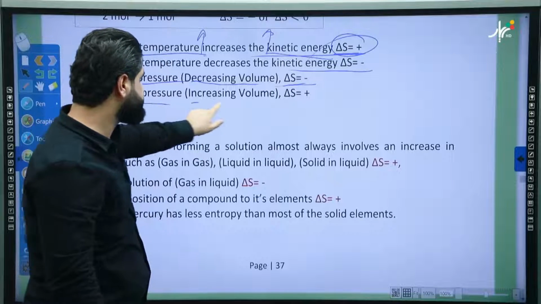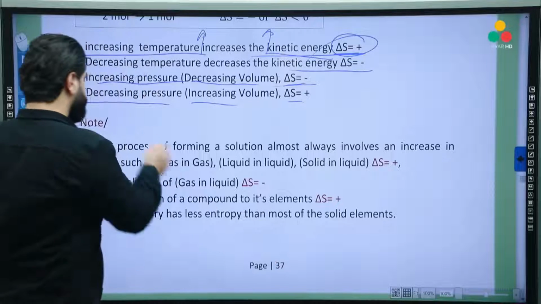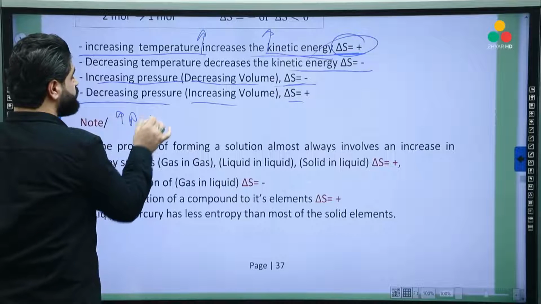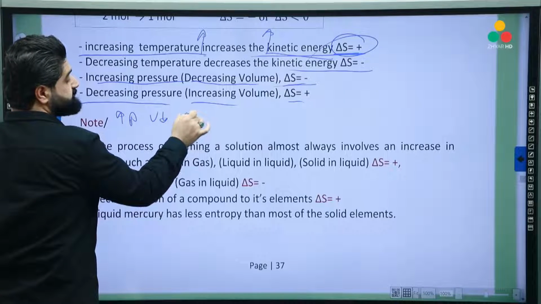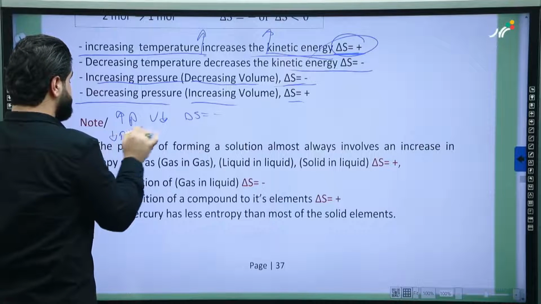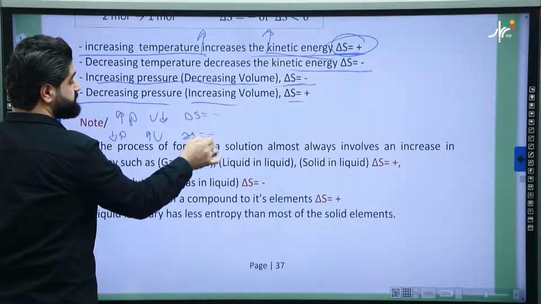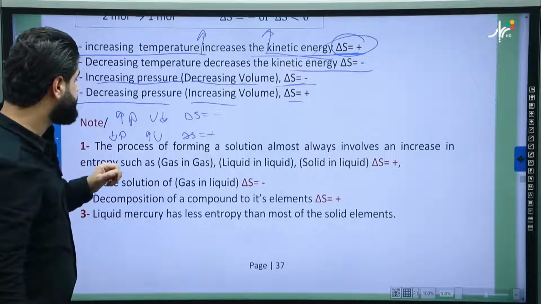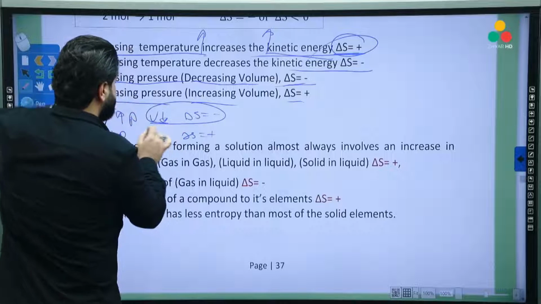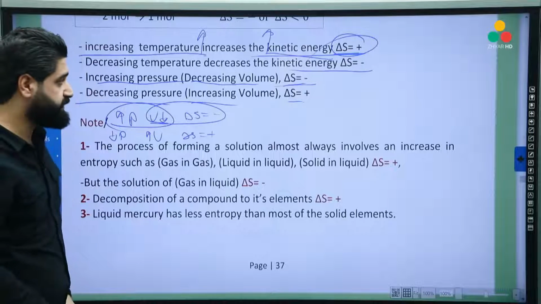Decreasing pressure increases volume, so entropy increases. If pressure increases, volume decreases, delta S will be negative. If pressure decreases, volume increases, delta S is positive. Delta S is directly related to volume, and volume is inversely related to pressure. Yes, very good.